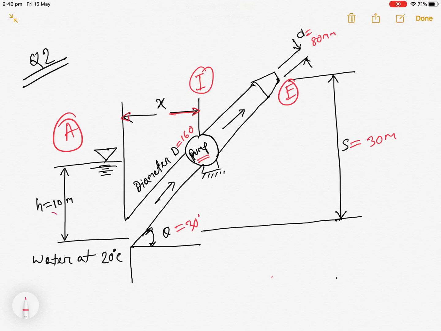Alright, and the other information is given. The height of the reservoir here is 10 meter, and we know the other variables. Look, we need to calculate this distance x, and this pipe creates a 30 degree angle here. We need this height if we want to calculate that distance.